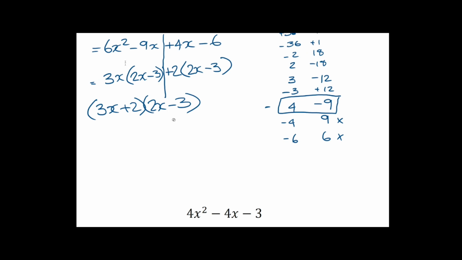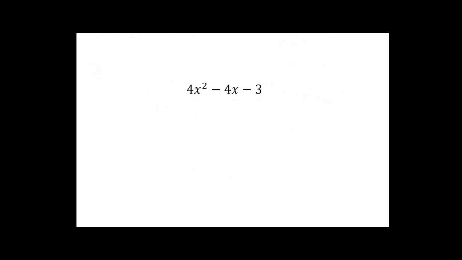Right, moving right along. This one here is complicated slightly because of all of these negative signs, but it's exactly the same. Let's go through it. Negative 12. 4 times negative 3 is negative 12.